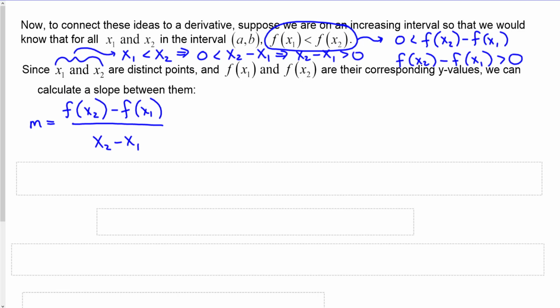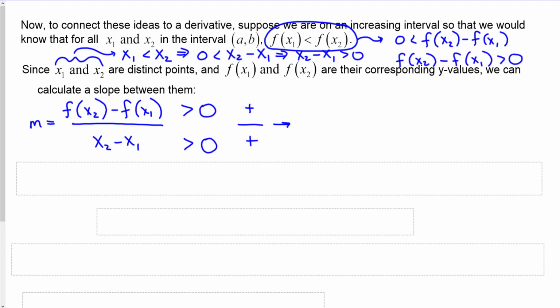So if I'm on an increasing interval, what this means is the numerator of this fraction is greater than 0, and the denominator is greater than 0. So these are all positive numbers divided by positive numbers. When you take a positive divided by a positive, that results in a positive number.